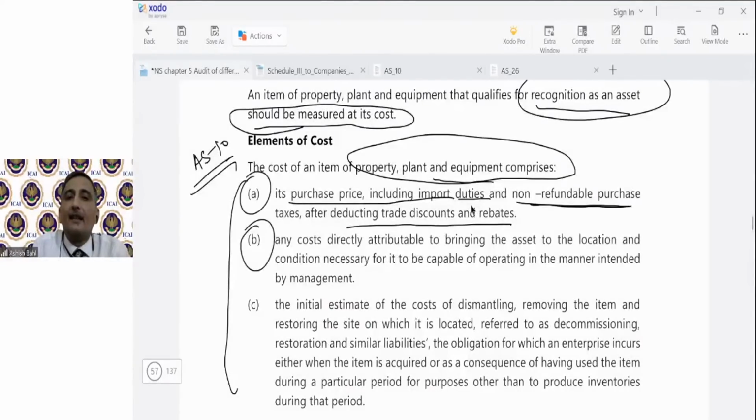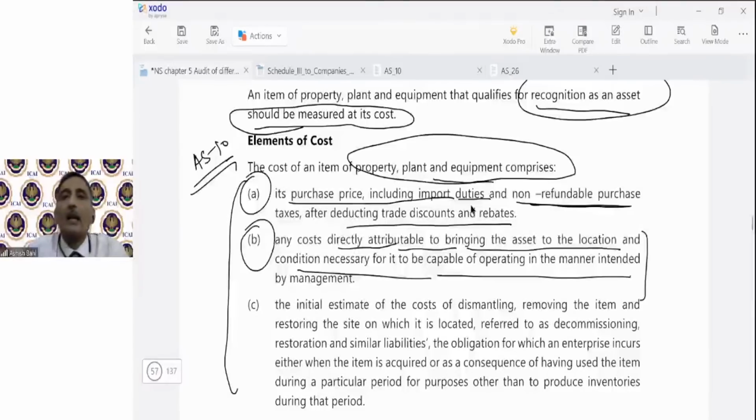And second thing is any cost directly attributable to bringing the asset to the location. So इसका क्या मतलब है? Any cost, it means, say we take the example of machinery which is imported from China. Say the machinery comes at Mundra port in Gujarat. Okay, so for bringing that machinery from Mundra port to say the company's plant in Noida, say, then obviously freight would have been paid.